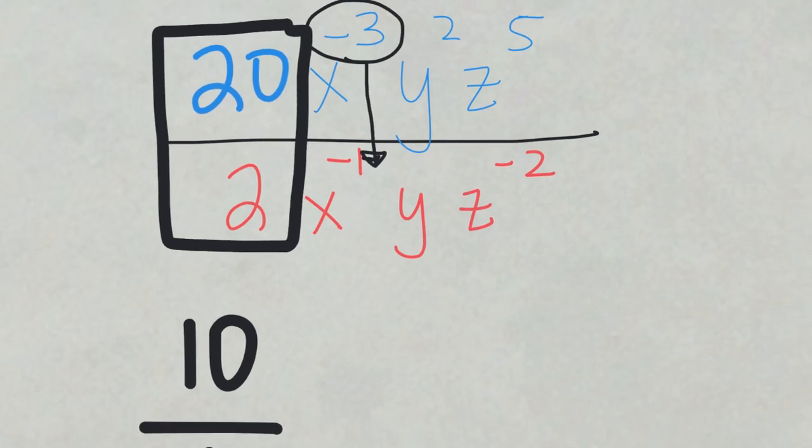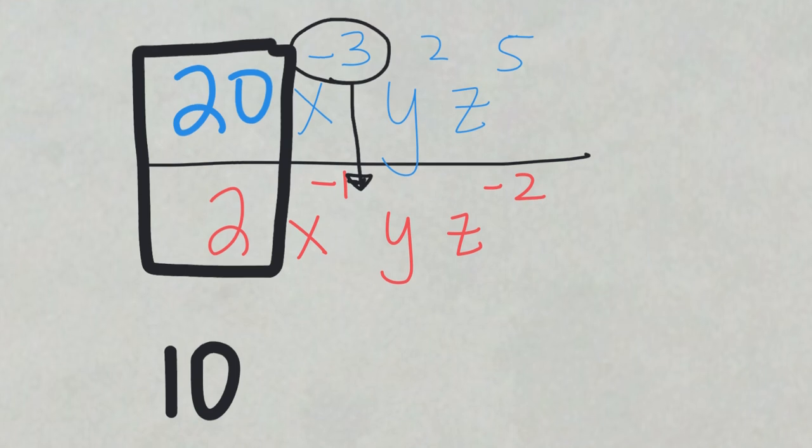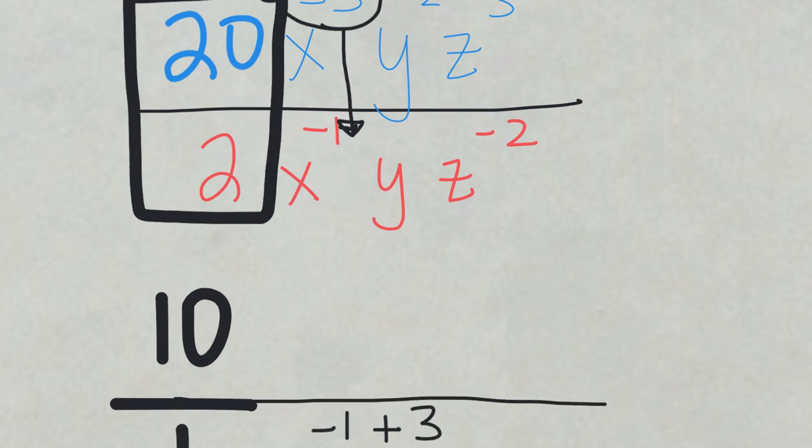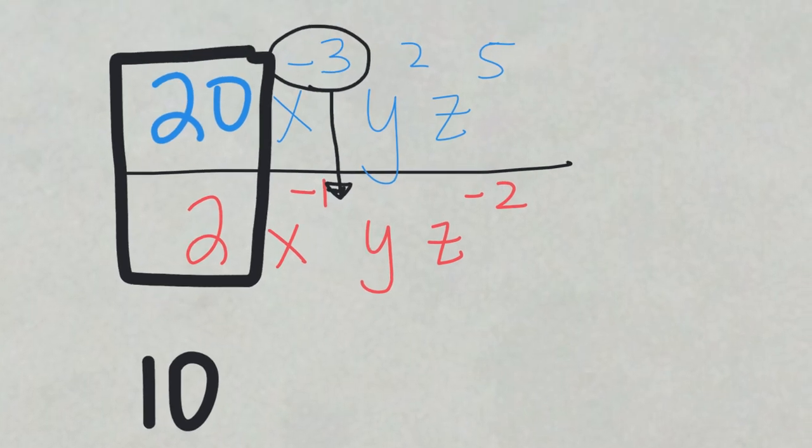So we're going to keep our x's in the denominator. So this is going to be x to the negative 1 plus 3. Okay, so there's your denominator line. Because we have a negative 3 on top, we're going to add it to the x on the bottom.